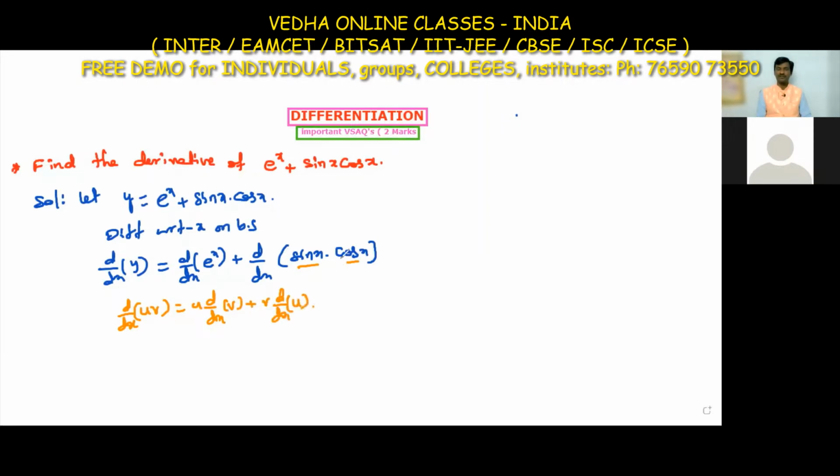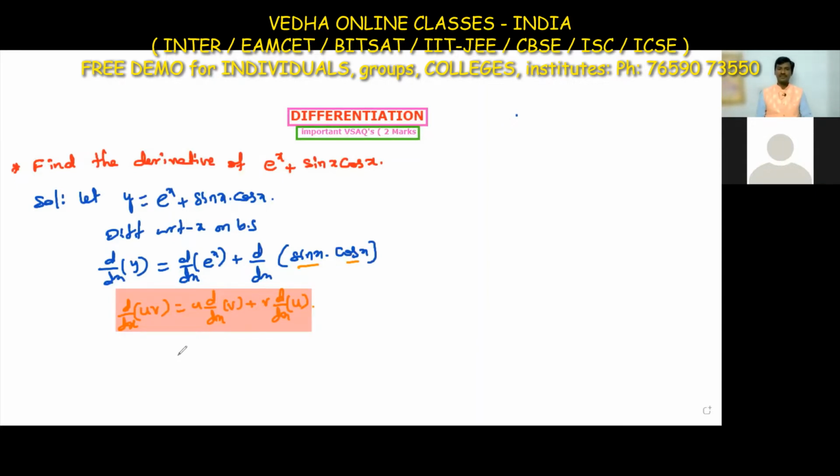What is the uv formula? d by dx of uv is equals to u d by dx of v plus v d by dx of u. Means we are writing one function outside, and differentiating the second function, then writing the second function outside and differentiating the first function.